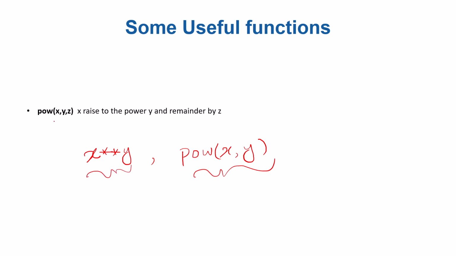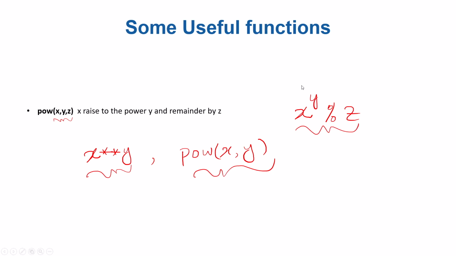But pow sometimes takes 3 arguments as well, and in that case it performs the power function in a different behavior. So for example, if you supply 3 arguments, it computes x raised to the power y, whatever the result is, then it takes the remainder by z and gives the result.